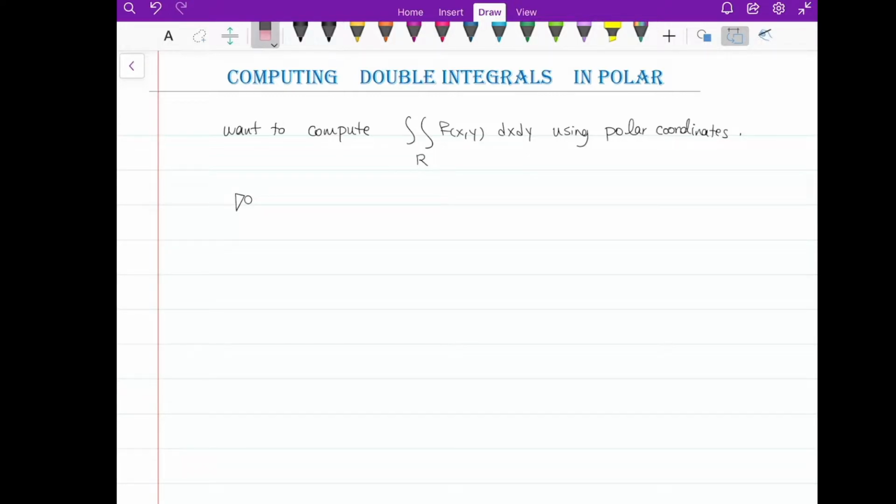It's just because the polar transformation is useful if the function f or even the region R have simpler explanation in polar.